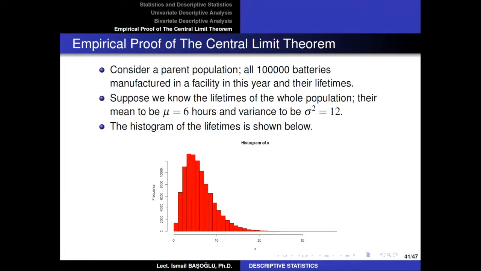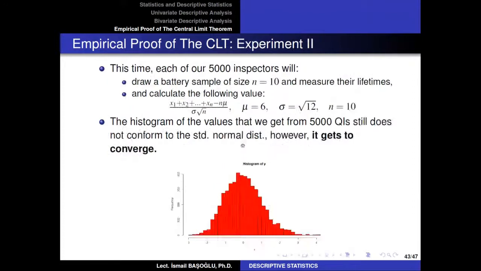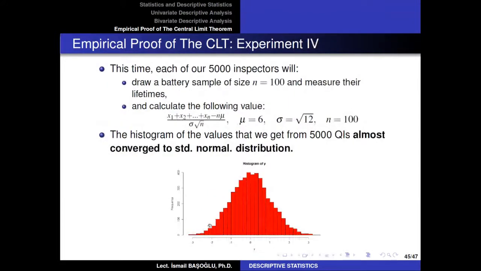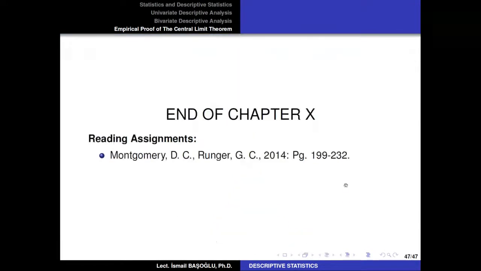So this empirical proof is just another explanation of how it works. As the sample size increases, the distribution of the sample mean tends to be a normally distributed variable. So that explains this. You can read it by yourselves.